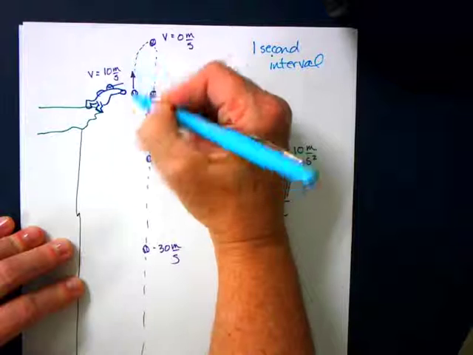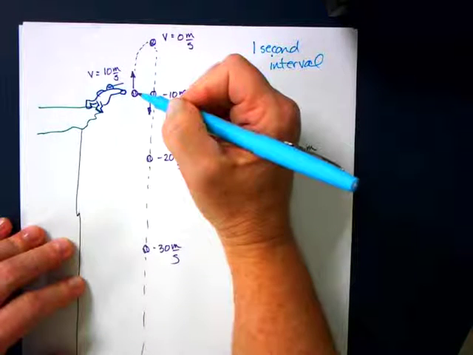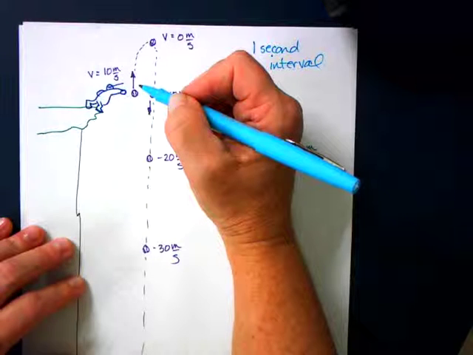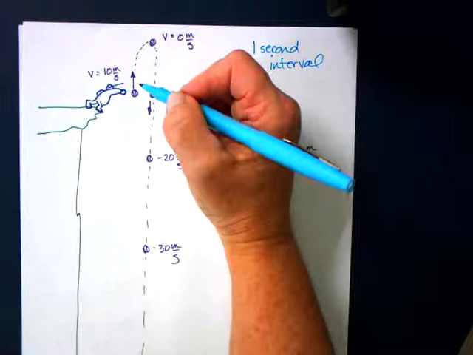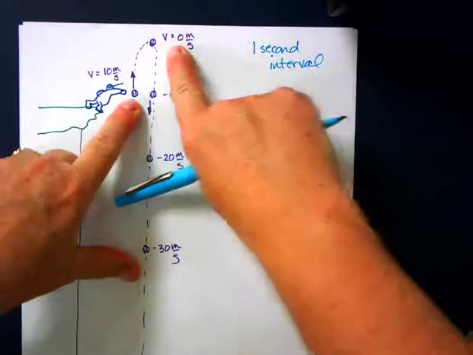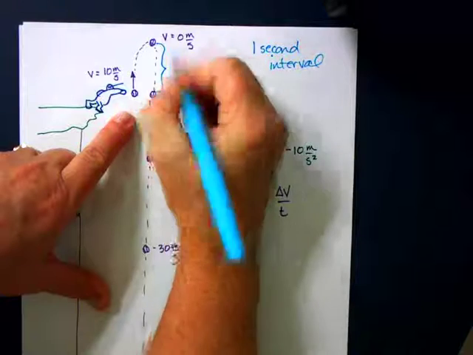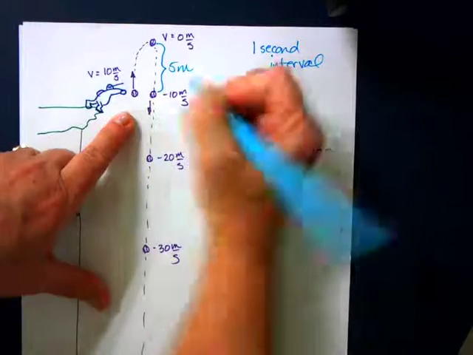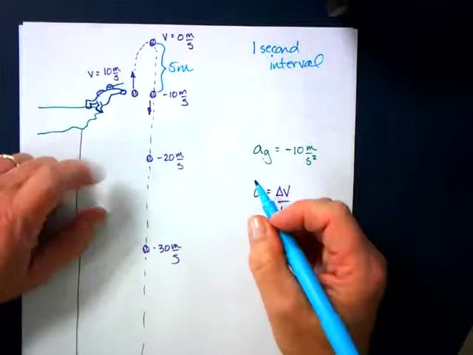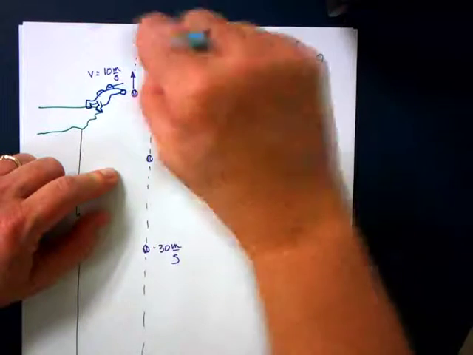The distance from when he releases the ball at positive 10 meters per second to 0, if that's a 1 second time interval, how far? 10 meters makes lots of sense. The answer is not 10. It's 5. Why? We talked a little bit about this yesterday. Average velocity. So between 10 and 0, the average velocity is 5 meters. So that's how far, 5 meters.